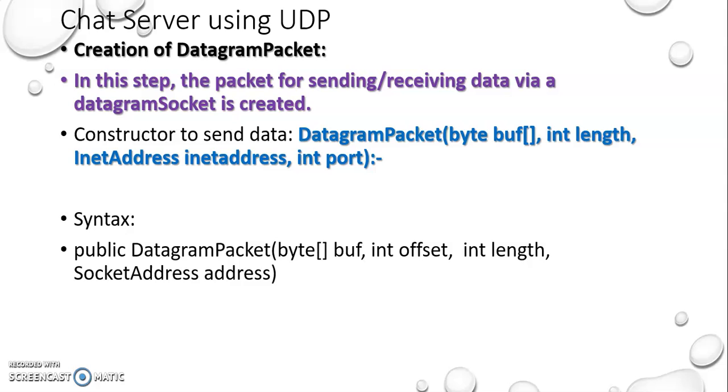So the next important step is the creation of datagram packets. So in this step, a packet for sending or receiving data via datagram socket is created. So the constructor goes like DatagramPacket(byte buffer, int length, InetAddress, port). So these are the 4 different parameters.